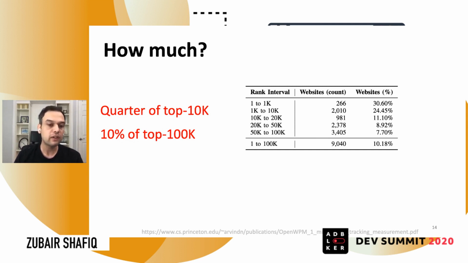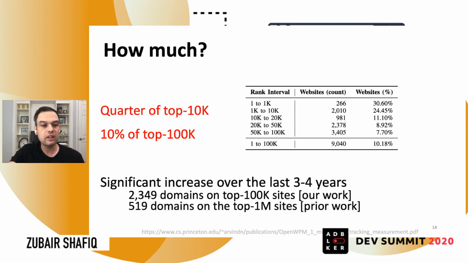We found that fingerprinting now in 2020 is much more common, especially on higher ranked sites, where more than a quarter of top 10K sites are doing fingerprinting and 10% of top 100,000 sites are doing fingerprinting. And it's not just that there is more fingerprinting. Fingerprinting is happening from many different domains.